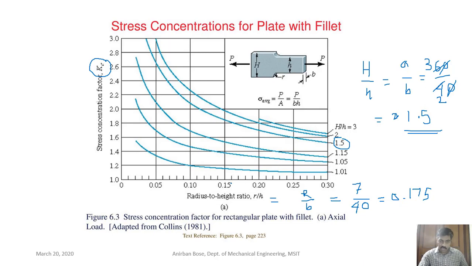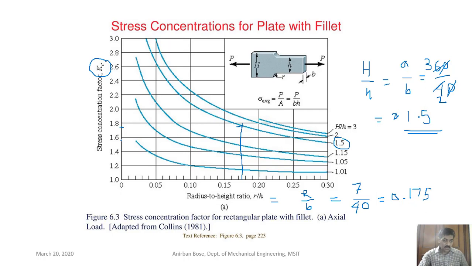So where is the point? 0.15, 0.2. So 0.175 will be exactly midway. Now if we go exactly in the middle up to the 1.5 curve, it will cut here, just below this point, close to this one.